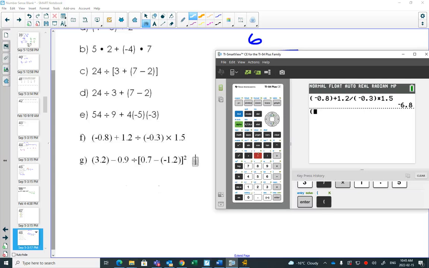Okay. Bracket 3.2 bracket minus 0.9 divided by bracket 0.7 minus, and some calculators, my calculator has a different subtract sign and a different negative sign. Bracket, bracket, squared. Oops, squared.